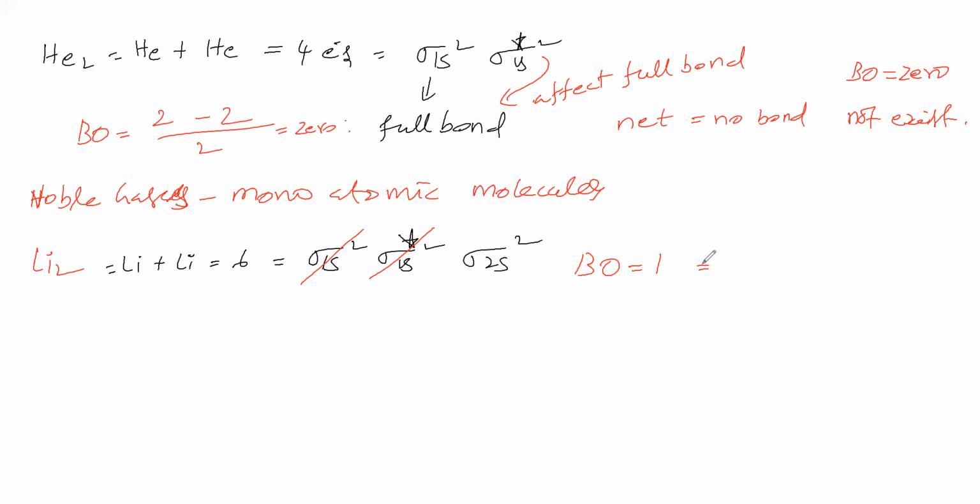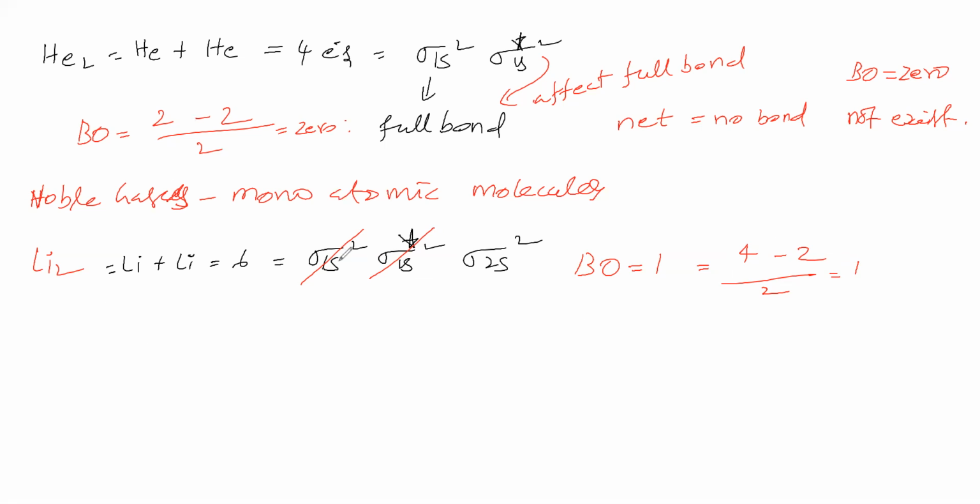As per the formula, the number of electrons in bonding molecular orbitals is 2, minus the number of electrons in anti-bonding molecular orbitals, that is 2, by 2. Therefore it is equal to 1. So the bond order is 1 for this.